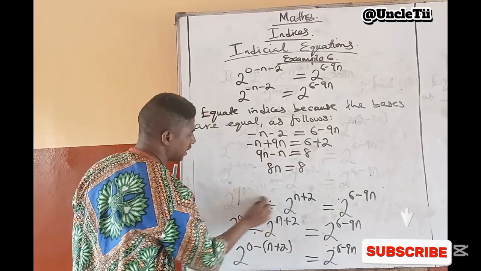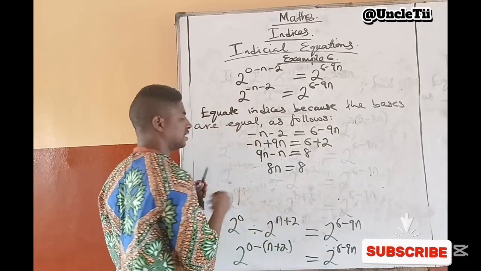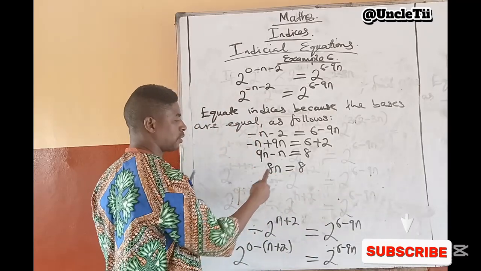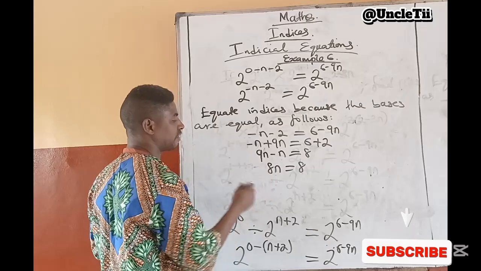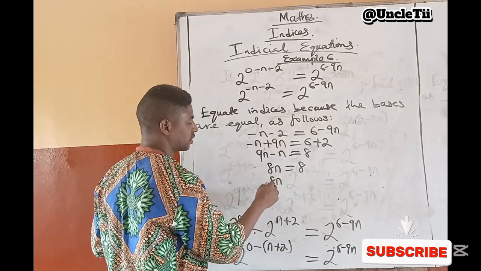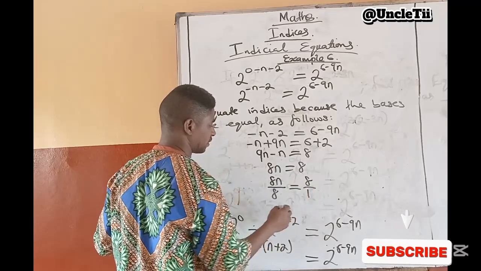So we are looking for n, not 8n. As it is now, we have the answer to 8n. The answer to 8n is 8. But we are looking for the answer to n. So we use the coefficient of n, 8, to divide both sides. That will give us 8n over 8 is equal to 8 over 8.